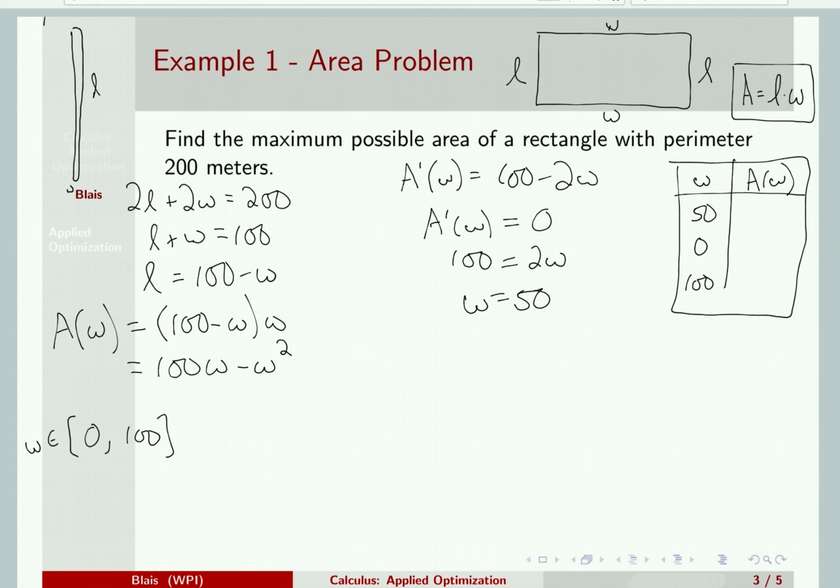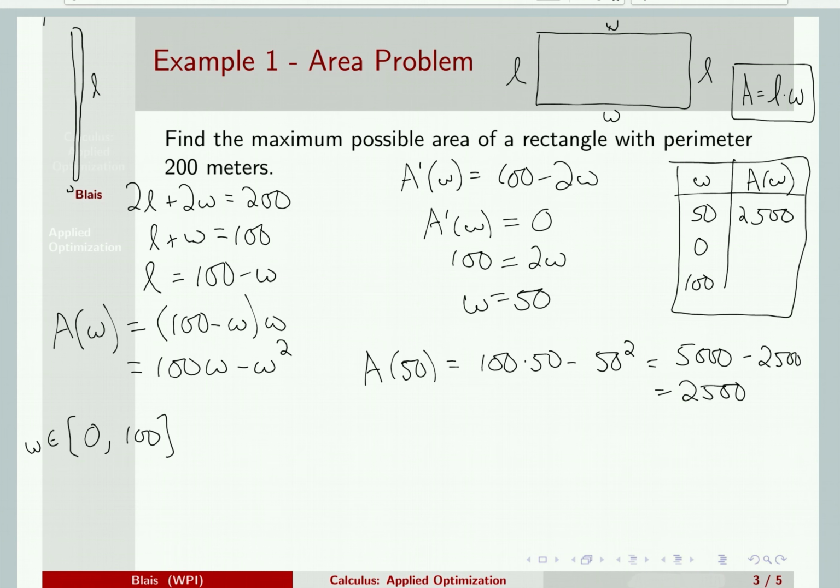If we plug in W of 50, we get 100 times 50 minus 50 squared. This gives us 5,000 minus 2,500, or 2,500. In the other cases, notice you get 0. If we plug in W is 100, this term is 0, so we get 0 for the area.